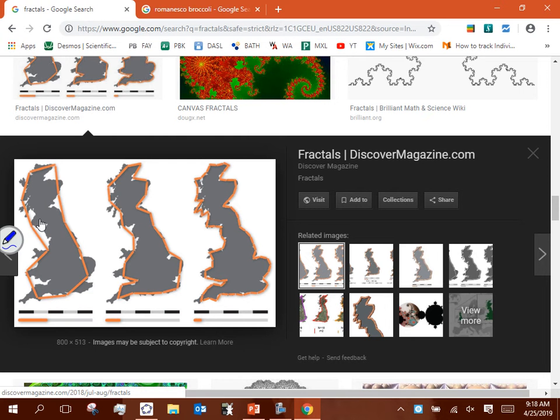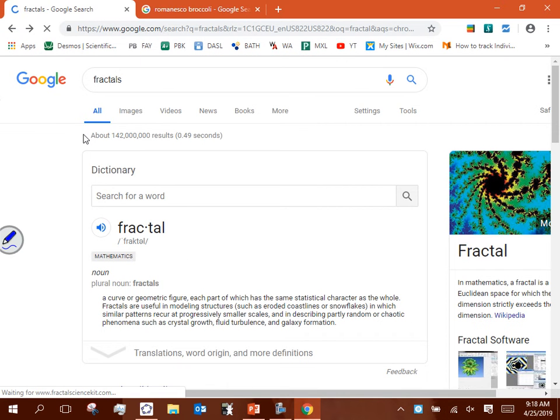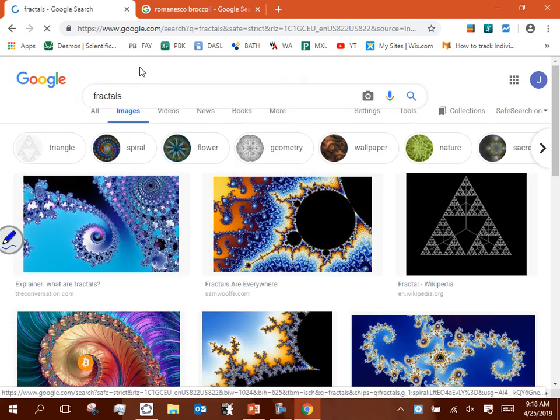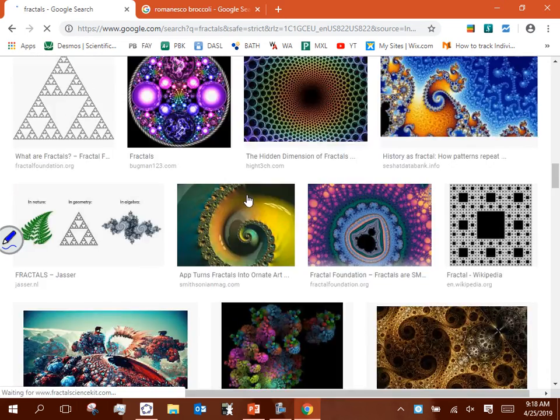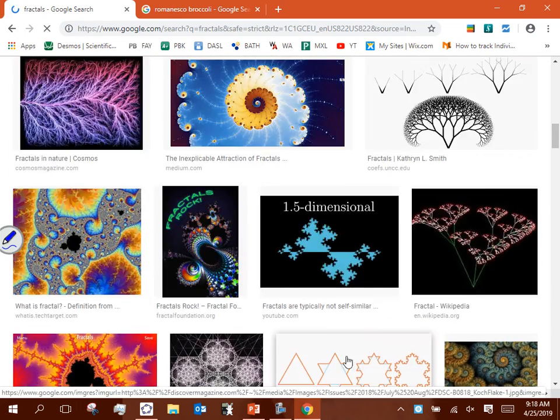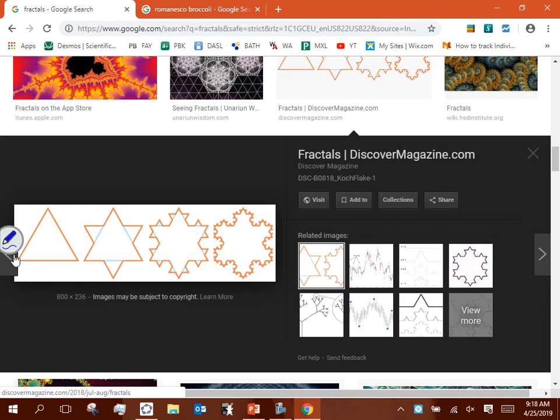A fractal is the idea of starting with an image. Here we start with just an equilateral triangle, and then halfway through on each side we create a similar equilateral triangle, and we attach it.